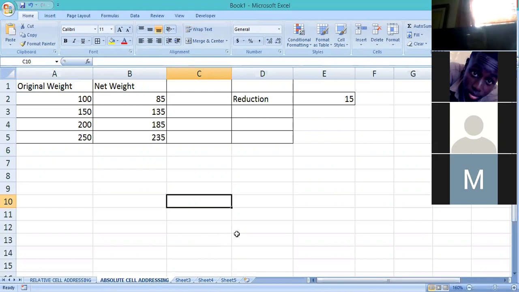All right, very good. Next question, what do you do to prevent the cell from changing? You want a cell to remain constant, you don't want it to change.